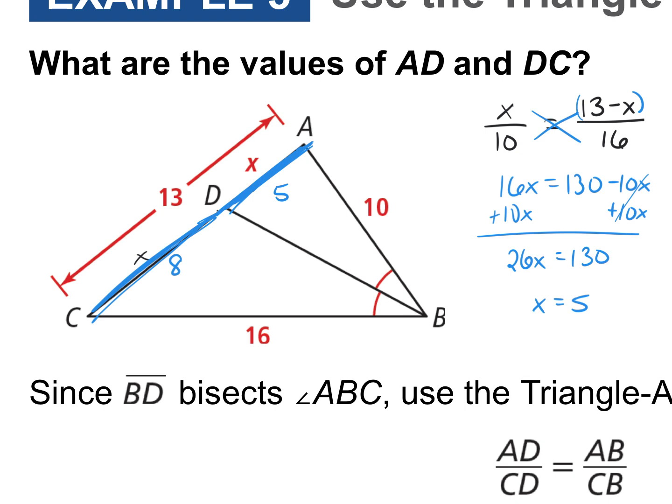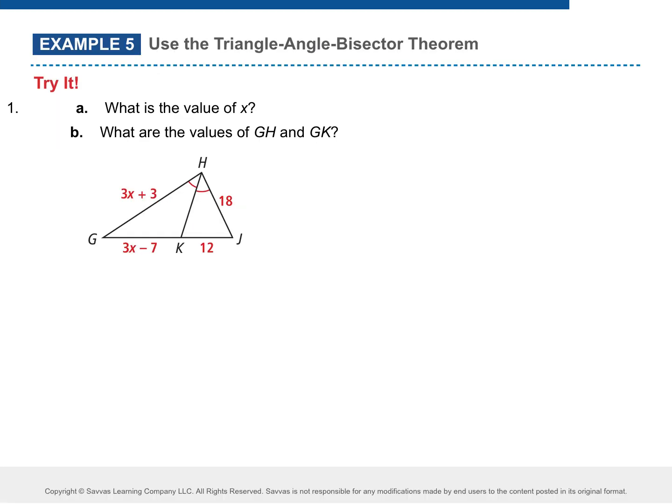Yep. All right, now let's look at your example that is in your notes. Again, if you don't set it up exactly like mine, just make sure your relationships are the same if you cross multiply. So, if I start with, let's say, 3x plus 3, what can I relate 3x plus 3 to? I can relate it to 18. Again, don't erase what you have until I talk about both options.